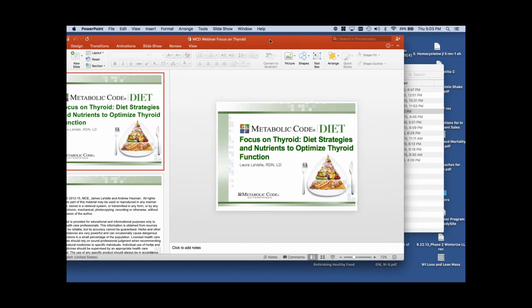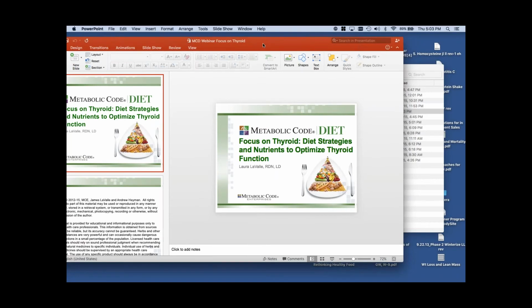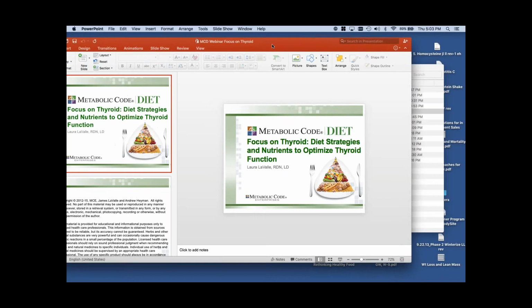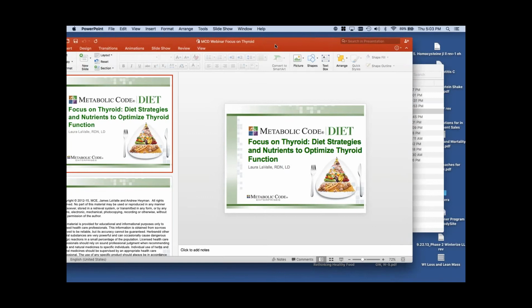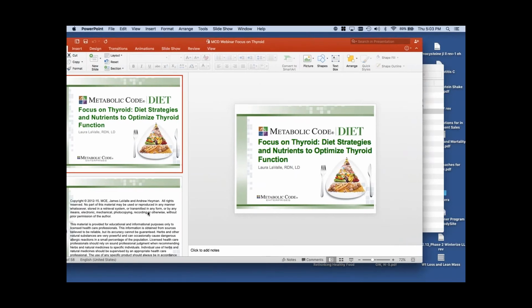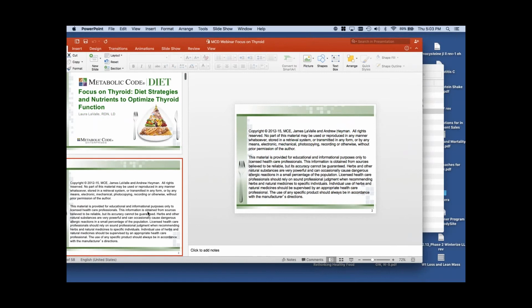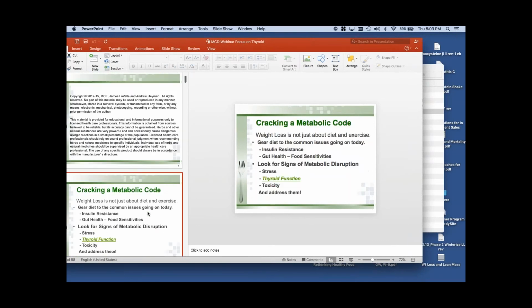I hope you'll find it helpful for understanding components of diet that you can use to help people optimize their thyroid function. As people know by now, if you've attended some of our other webinars, when we apply the principles of our metabolic code programs, of course, we're not just focusing on weight loss, but weight loss or weight management is one of the key components that we're hoping to achieve.